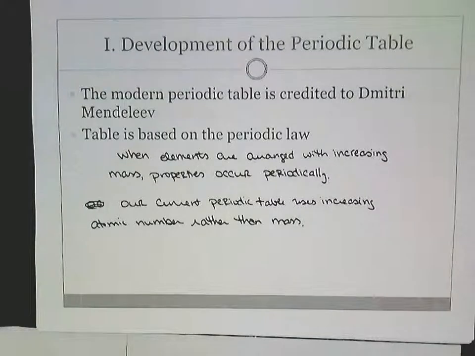So if the periodic table is based on atomic number, which is the number of protons, and we have neutral atoms, protons and electrons will be equal in number, which means truly the periodic table is based on increasing number of electrons.